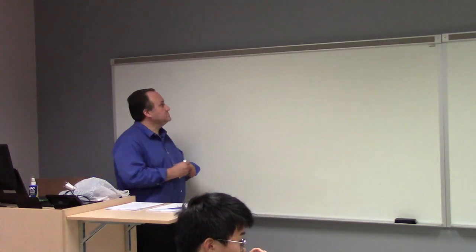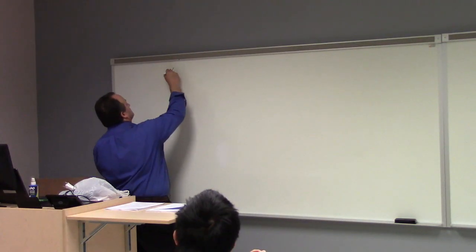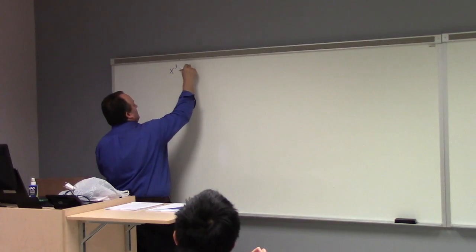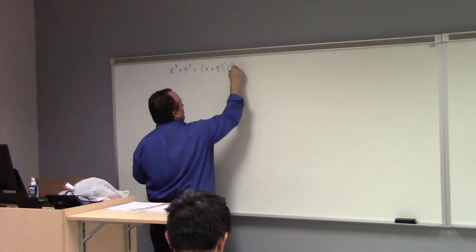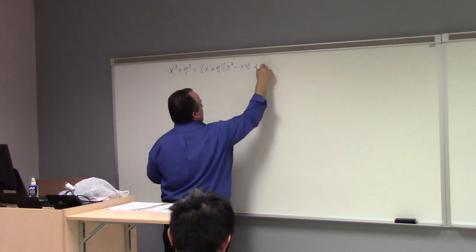I can tell you this much, you can cancel the x minus 1 over x minus 1, right? Another hint, x cubed plus y cubed factors into x plus y times x squared minus xy plus y squared.